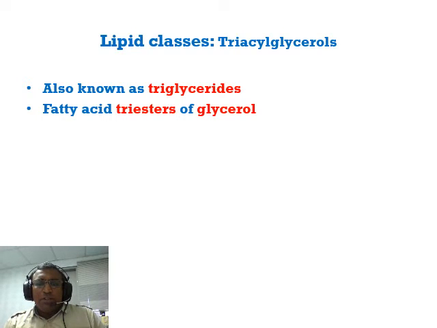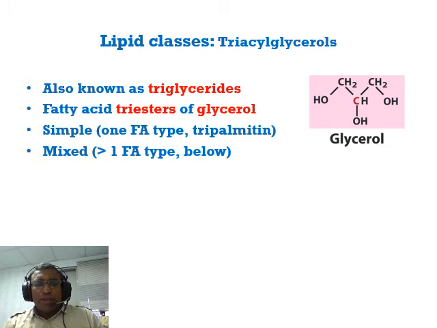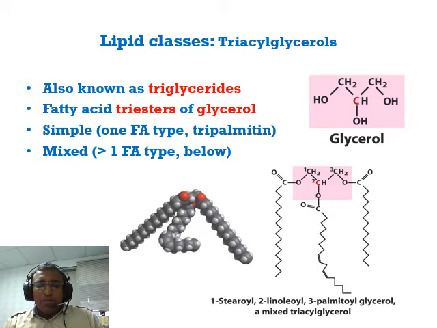It has three OH groups, and that is where the connection will happen, to either the same type of fatty acid or different types of fatty acids. So it is mixed. An example given is stearic acid, linoleic acid, as well as palmitic acid connected to this mixed triacylglyceride.